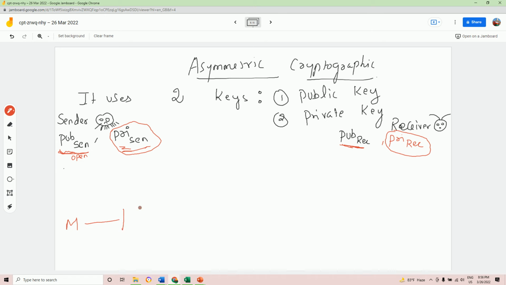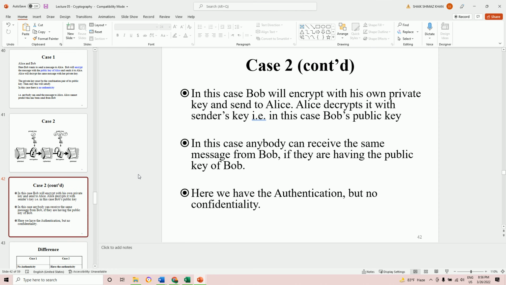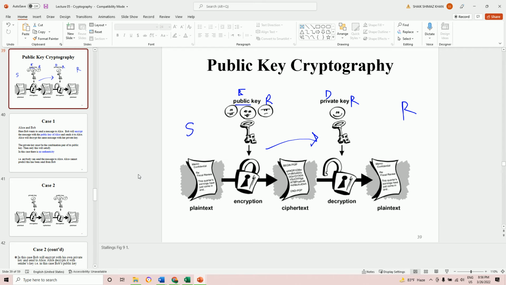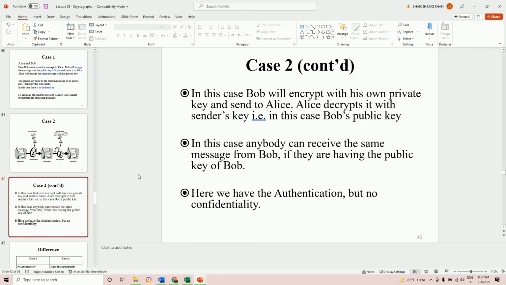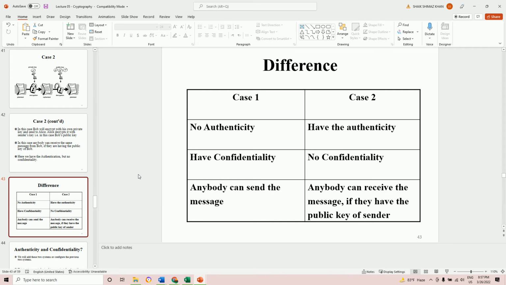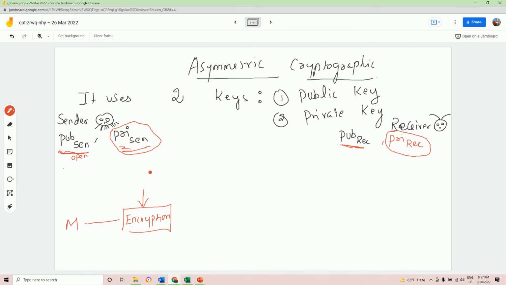This message is encrypted using the public key of the receiver.